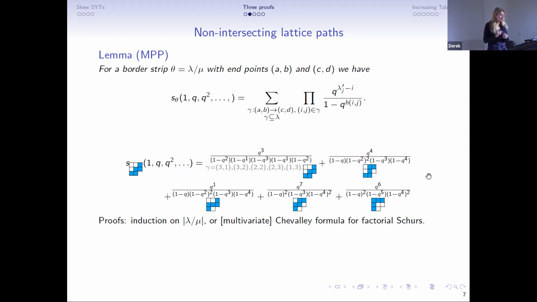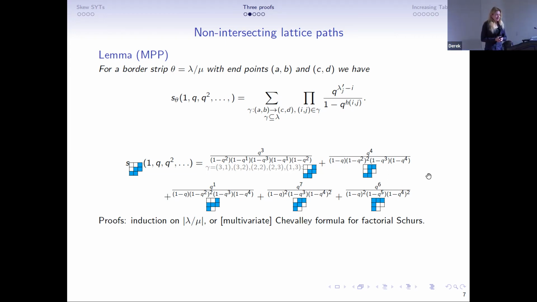So we take a product over all boxes inside this lattice path or border strip Schur function.